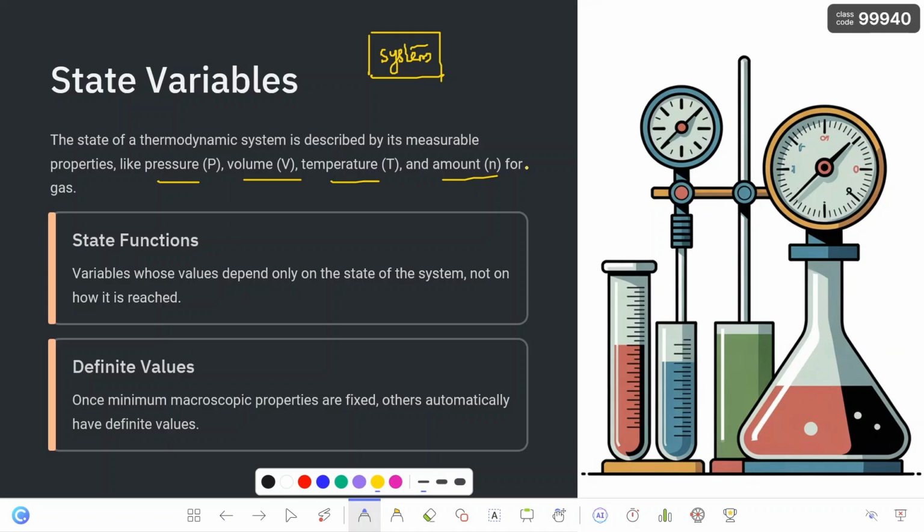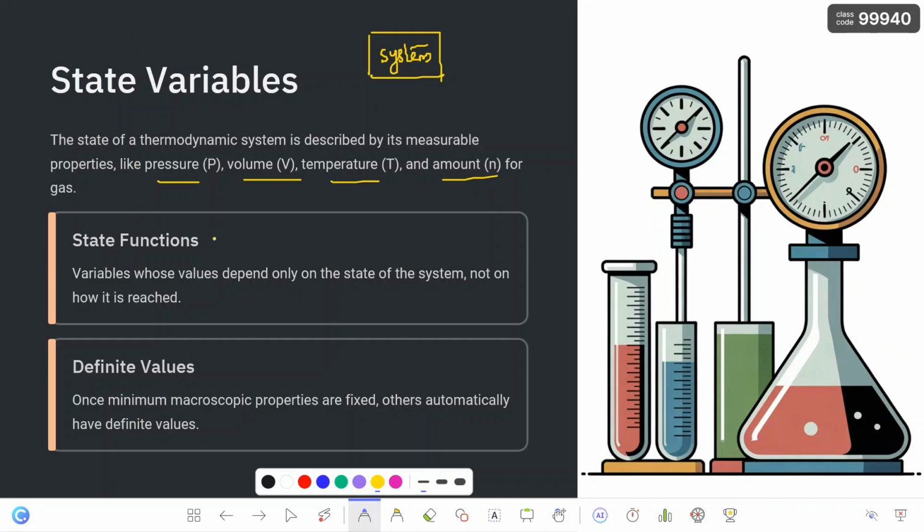If we define these things, we can describe the state of the system. So here I have written, the state of a thermodynamic system is described by measuring some properties like pressure, volume, temperature, amount of gas, etc. Such variables which can define the state of the system are called state variables. Examples are pressure, volume, temperature, etc.